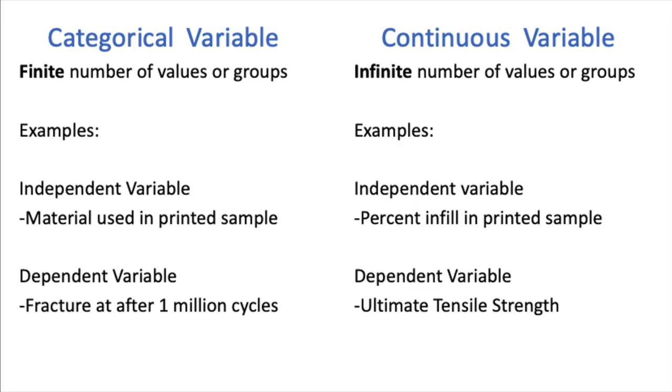Another practical example in my world: an independent variable could be what percent infill I use in the printed sample. This can range from 0 to 100 and be an infinite value of numbers in between. An example of a continuous dependent or outcome variable would be the strength of the object, whether it be tensile strength or compressive strength.